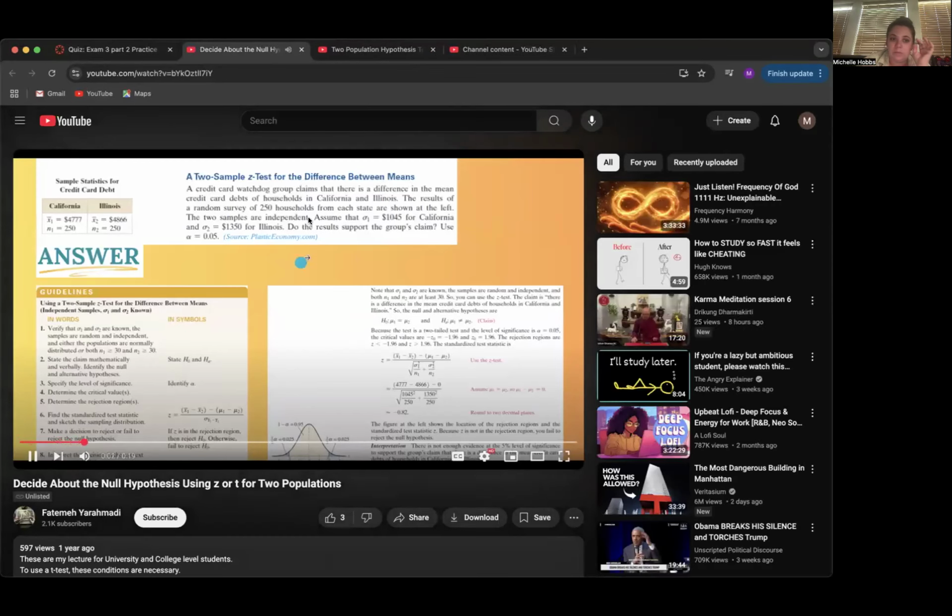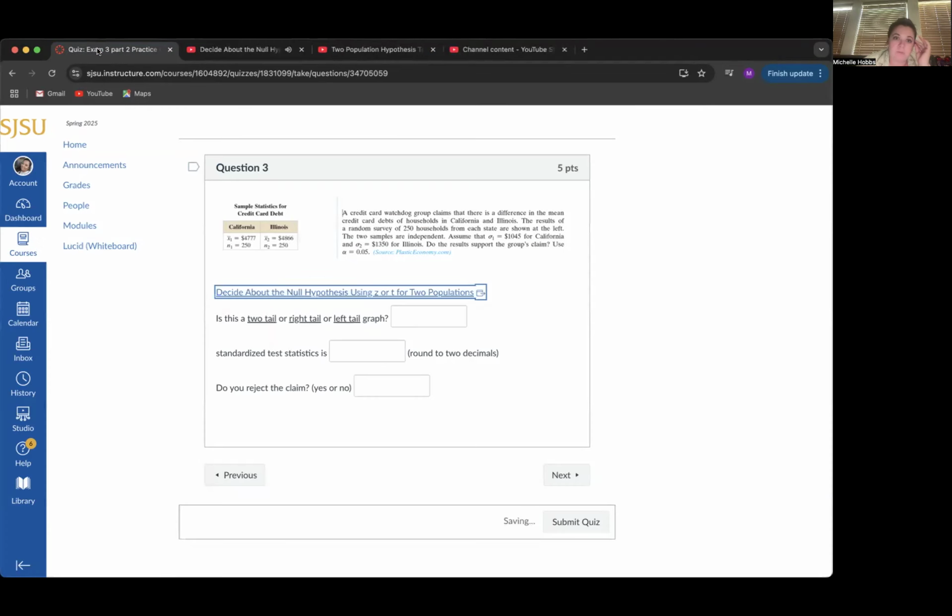Now that we talked about two population means and the hypothesis testing using z-scores, you're interested in knowing what if z is not given.